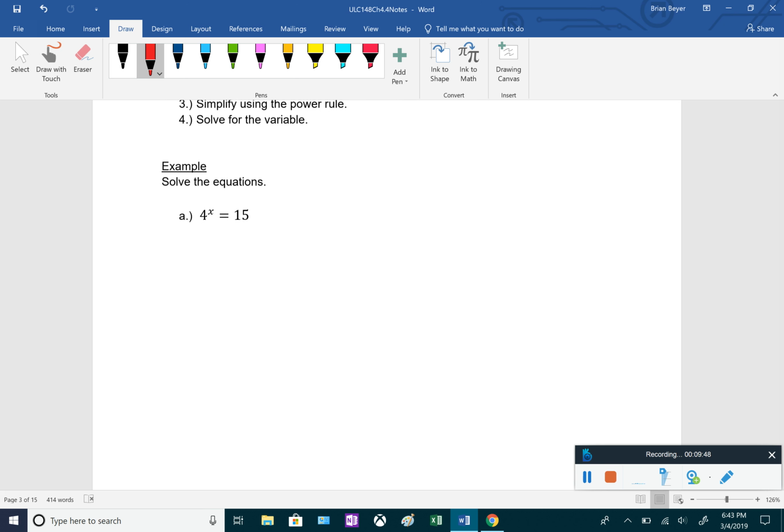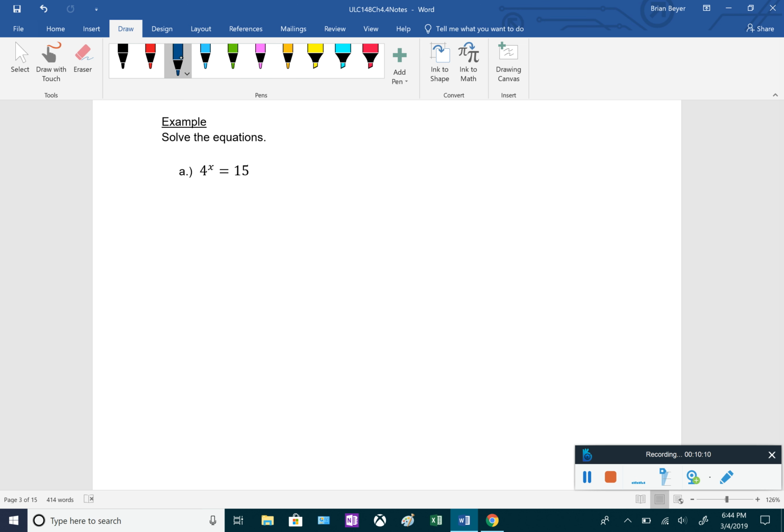So let's do that first one. 4^x = 15. It's good to have an idea here of what your answer should be. 4 squared equals 16, so our answer should be a little bit less than 2. First step would be isolate the exponential. It's already isolated, just 4^x on one side. The next step is to take the ln of both sides.